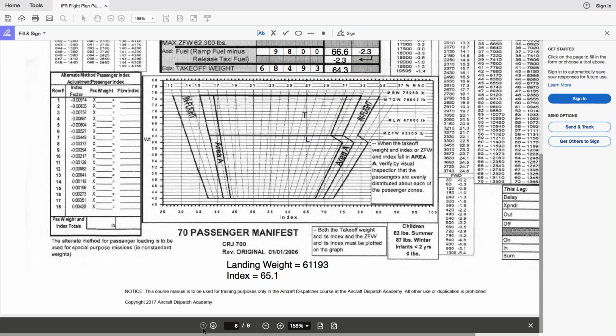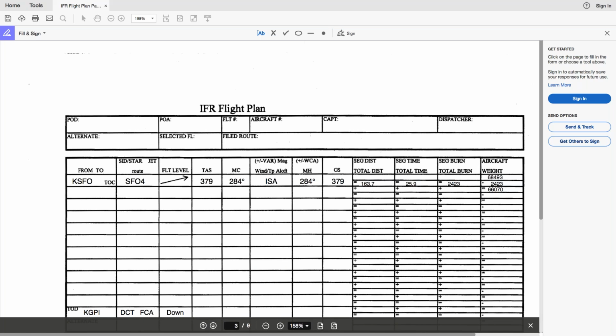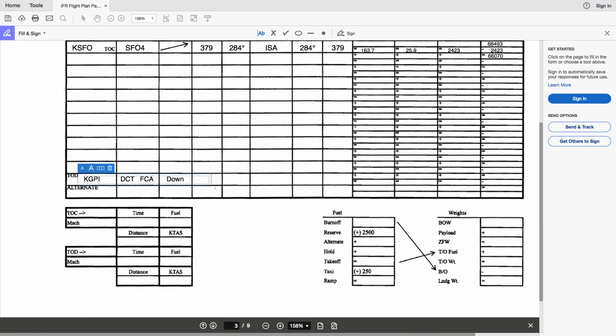Now we just got to regurgitate that onto our chart here. Okay, our speed was 381 knots.